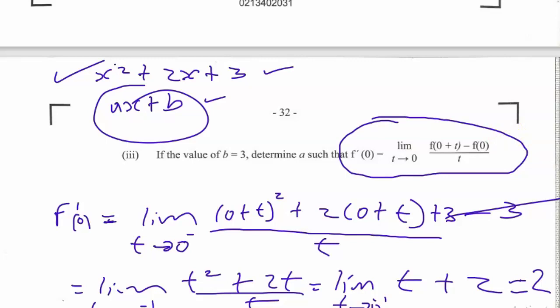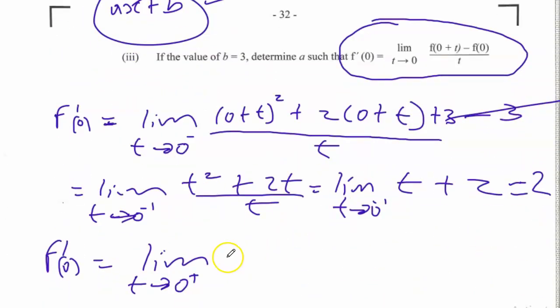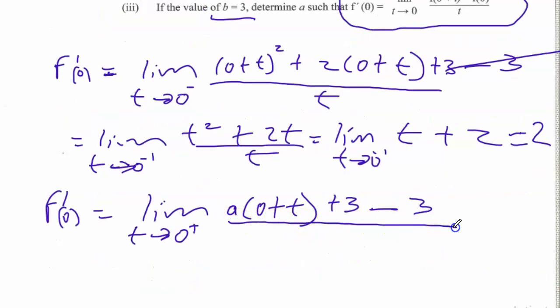So a times 0 plus t plus b, but we are using the value of b to be 3, so plus 3, minus f of 0, replacing x with 0, we're just left with b, which is 3, all over t. So 3 minus 3, that's 0. So this is actually at divided by t, that's just a.